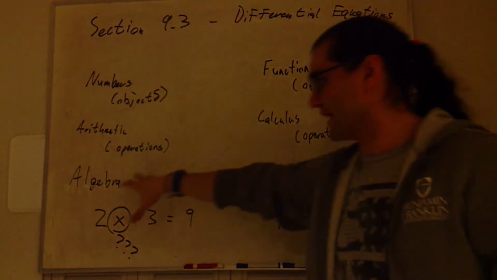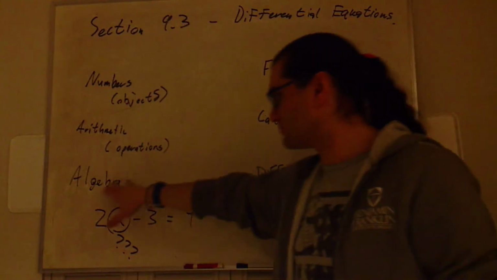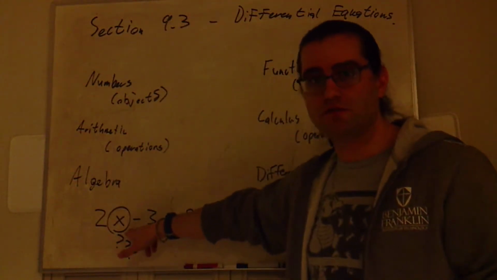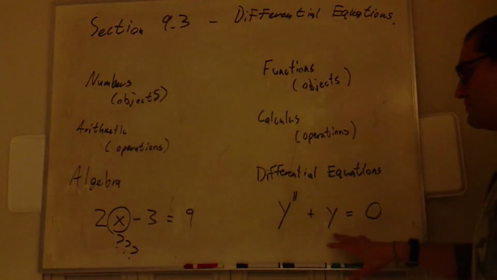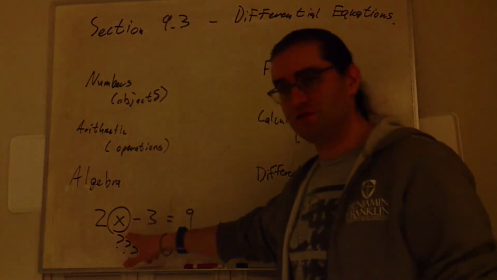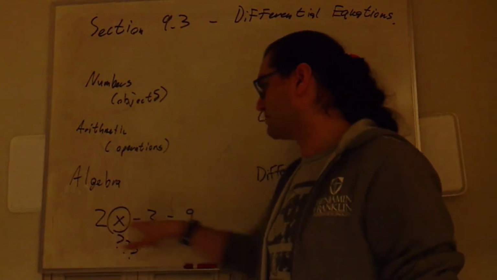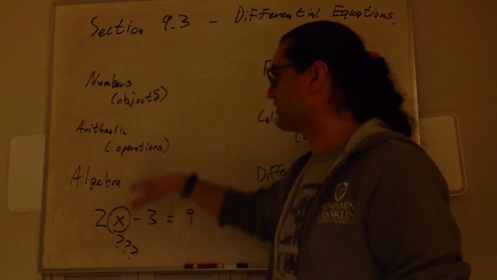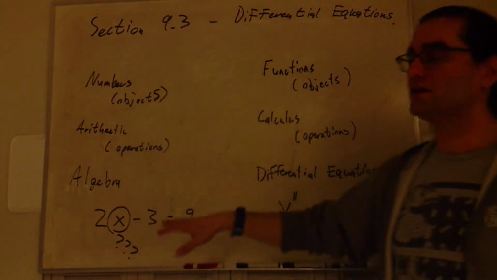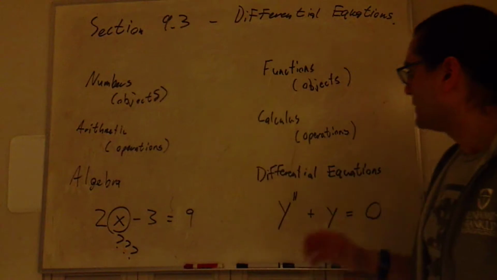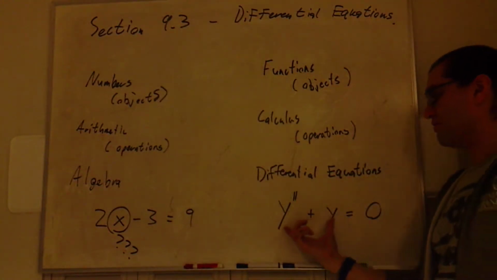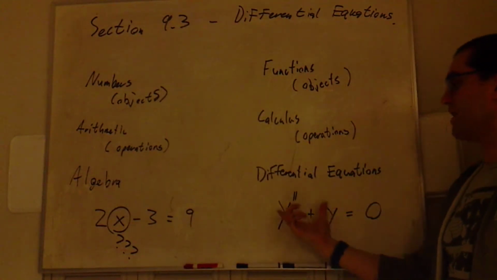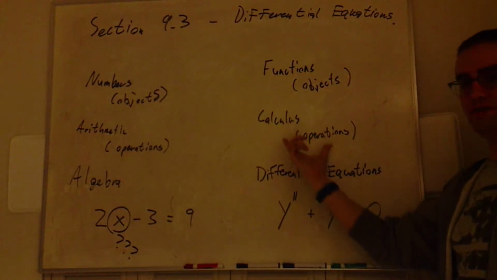So it's very much like algebra, except whereas algebra deals with unknown numbers that are connected by arithmetic, the operations being performed here are arithmetic, and you're undoing that to find a number. Differential equations deals with unknown functions, and the operations being performed here are calculus.